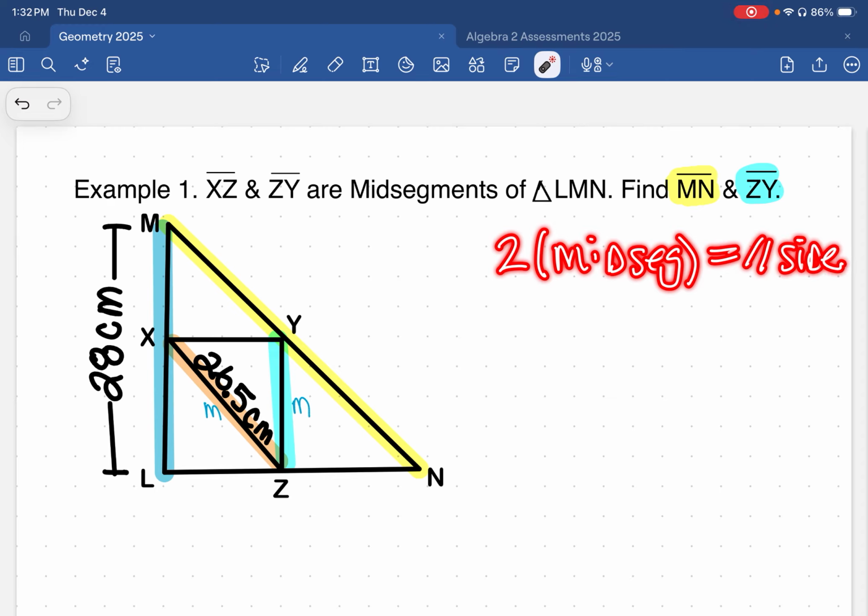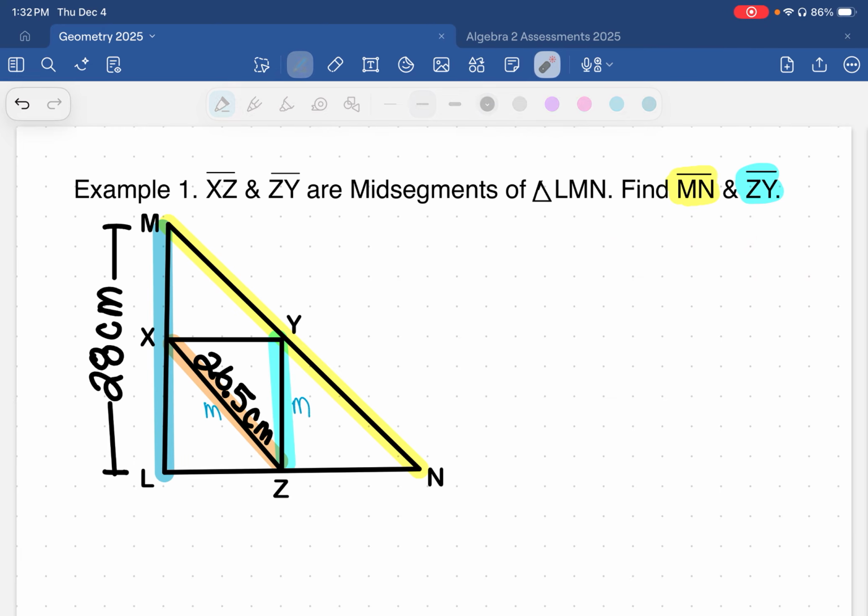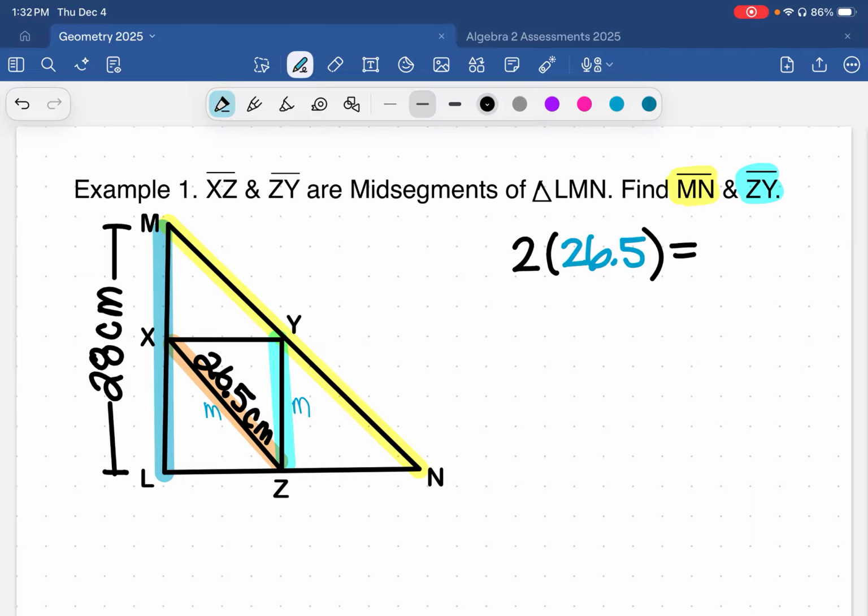That's my formula from the other side of my paper. So I'm going to say 2 times the midsegment. I'm only putting it in blue because it's the one with the M, equals the parallel side. So to find MN, all I have to do is multiply 26.5 times 2 for an answer of 53 centimeters. And we're done. That wasn't so bad.